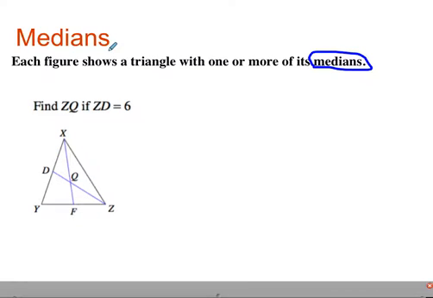What is super duper important in medians? Right after you see the median theorem, it should automatically remind you of the centroid. The centroid is the intersection between two or more medians. This is a median, this is another median.